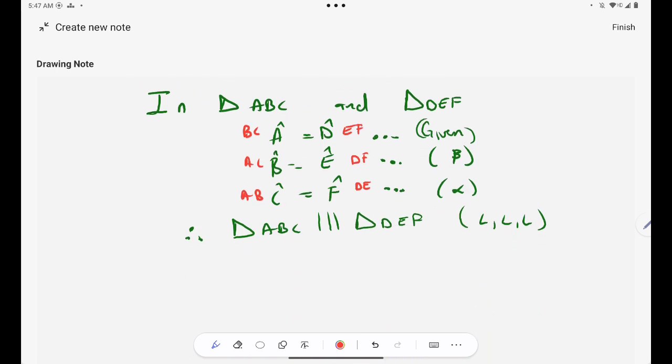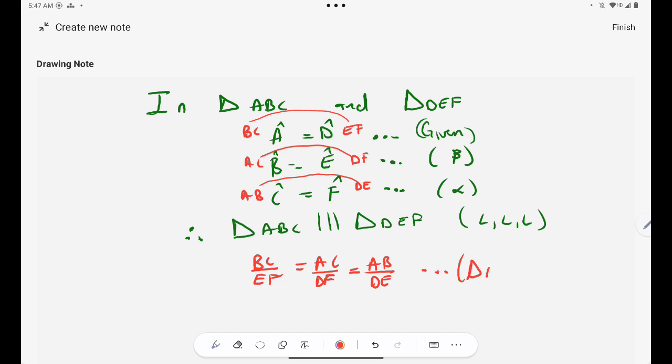So therefore I can simply write BC over EF from the first line. BC over EF is equal to AC over DF, which is equal to AB over DE, like this, né? So this thing is true. Why?